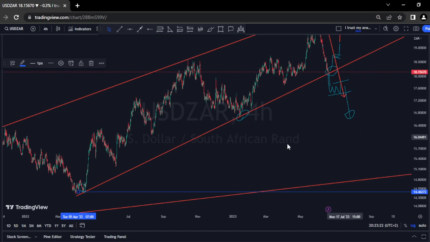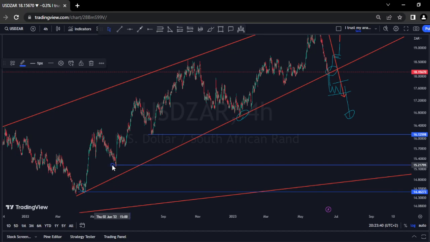So you can just either enter here and hold, or have your targets and then wait for other opportunities to enter until it reaches the start.